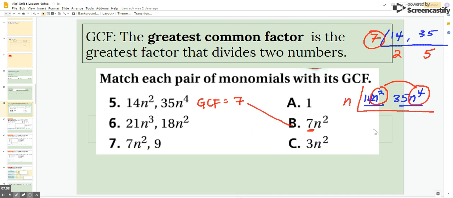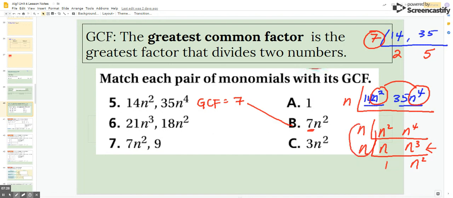If you have n squared and n to the 4th, you divide by n, and it's going to be n and n to the 3rd power. We still have a common factor, so you divide by n one more time: n and n to the 2nd power. Now we only have n and n. If you multiply them, it's going to be n squared. So you have n squared as a GCF.